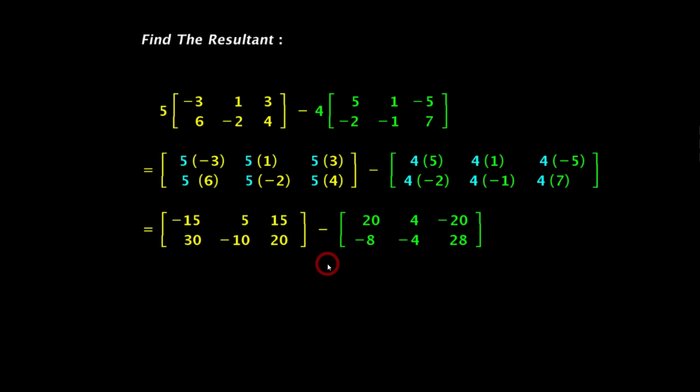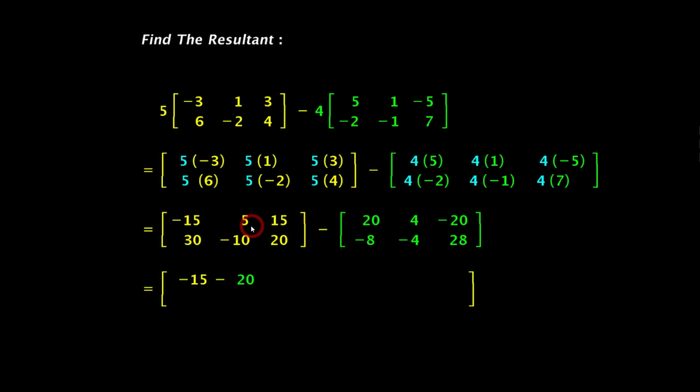Now, when we have the simplified versions of the yellow matrix and the green matrix, it's time to subtract, and we have the experience. It's going to be the same: 2 rows and 3 columns, a 2 by 3 matrix. But when it's addition and subtraction, we don't need to work that way. What we do is take each location. First position, negative 15, subtract 20.